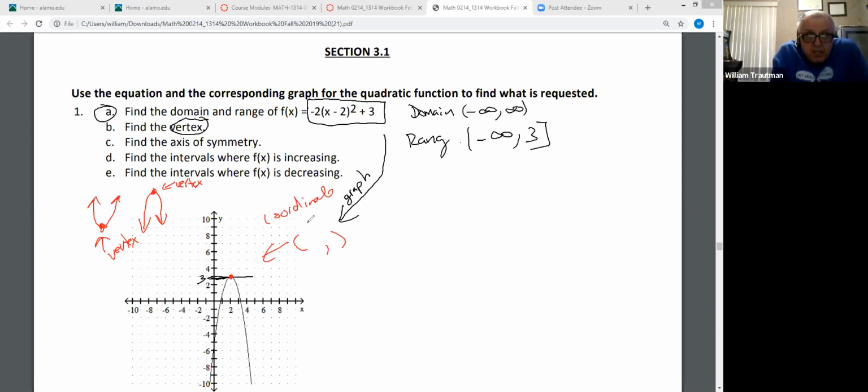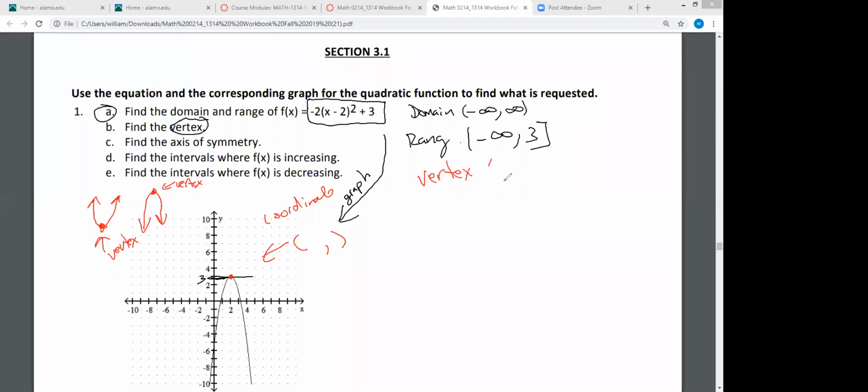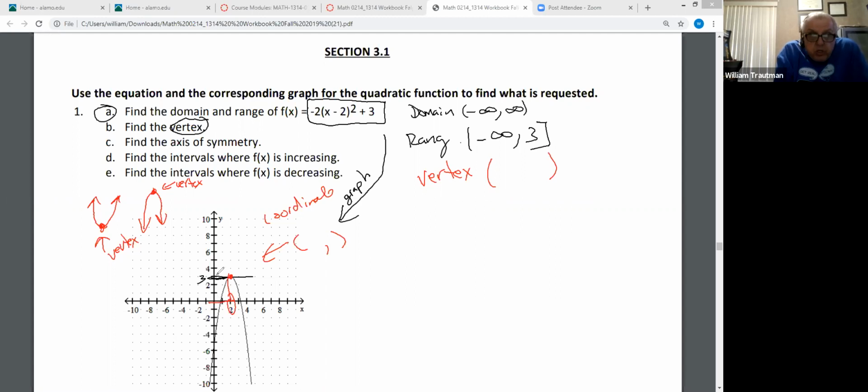Anybody know the coordinate of that vertex? Is it 2, 3? Yes, the X value is 2, the Y value is 3. We always label the vertex as a point, as a coordinate, the X and the Y. That point, if you just look at that dot right there, is labeled 2, 3. Thank you.